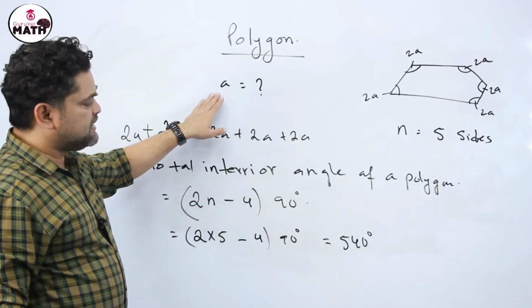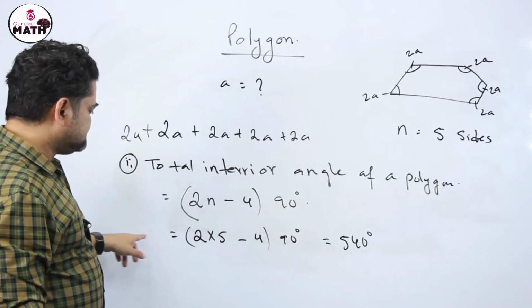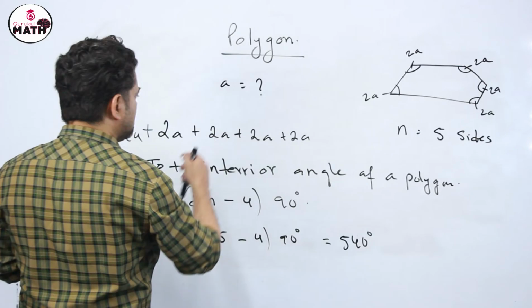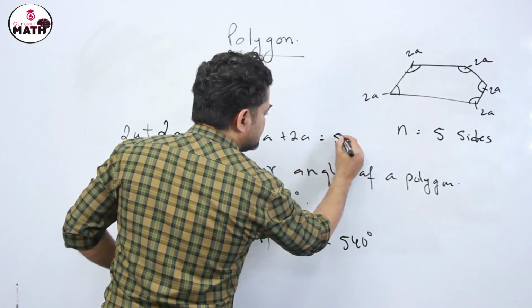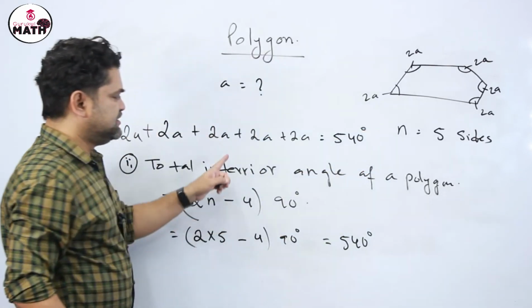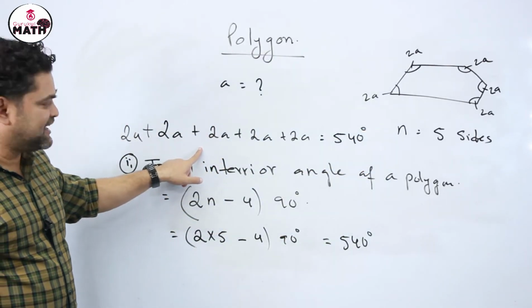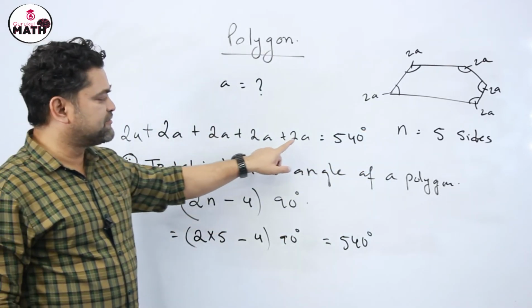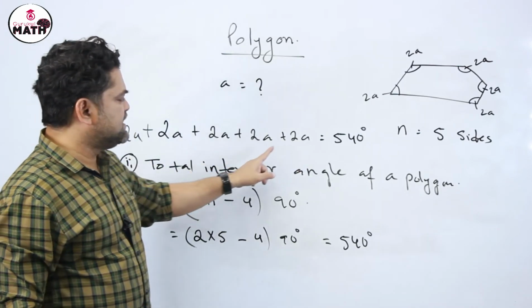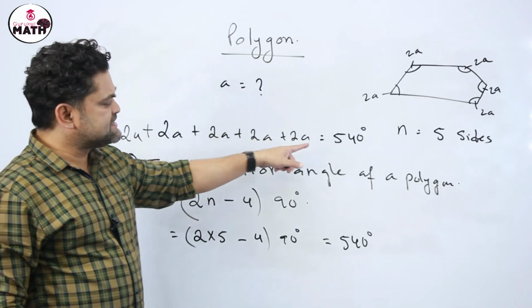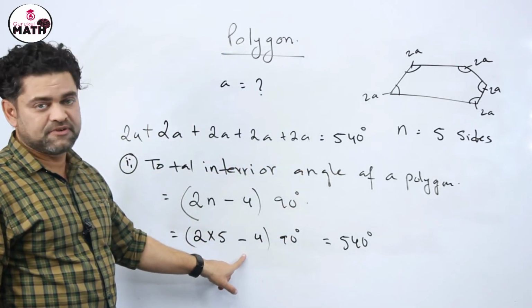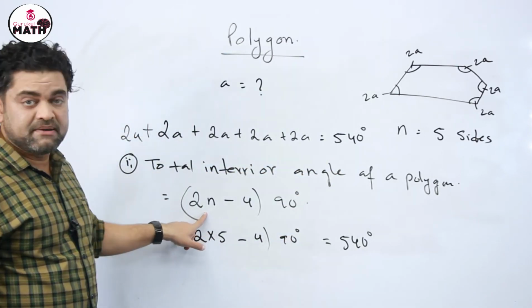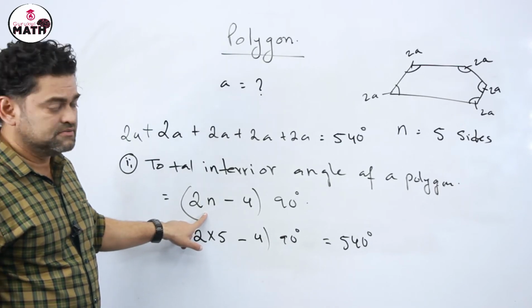So how will I find A now? If I know that all the interior angles of a pentagon sum to 540 degrees, I can write here, I do not need to write it again and again, 1, 2, 3, 4, 5. So if I sum up all the 2A angles, it comes to 540 degrees. And how did I find this 540 degrees? By using this formula. This formula you must remember, so note it down.